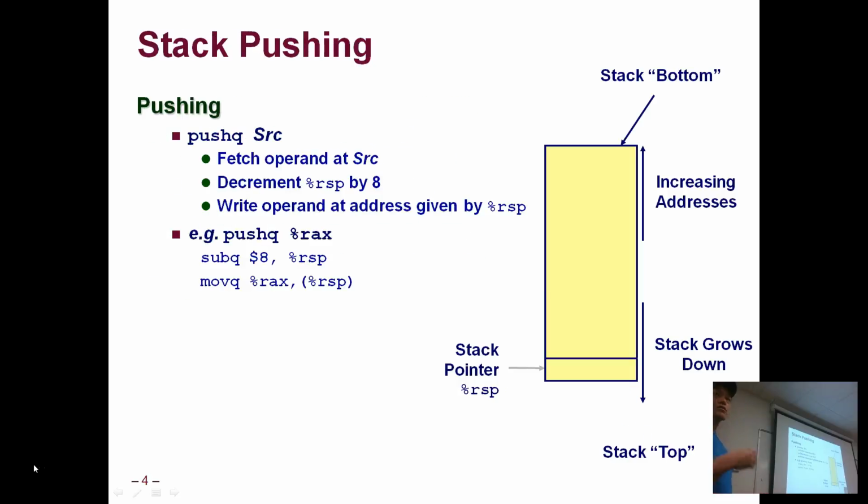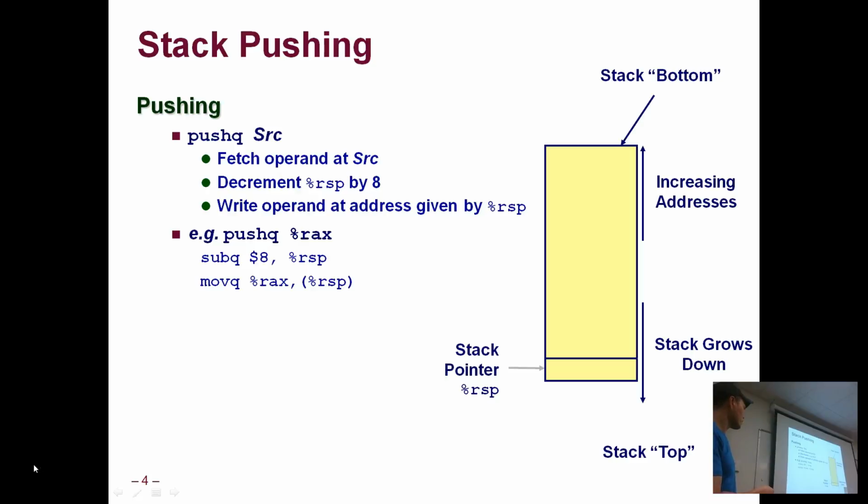The x86 instructions that allow you to access the stack are push and pop. A push operation with a source operand fetches that operand, decrements the stack pointer, and then puts the source operand at that address. In this case, a pushq, because it's a quad word, I decrement RSP by 8 bytes.